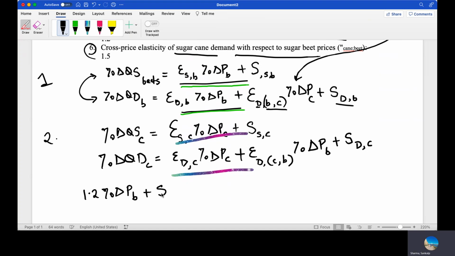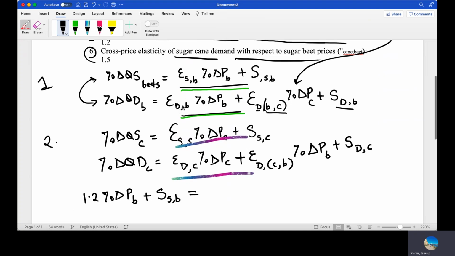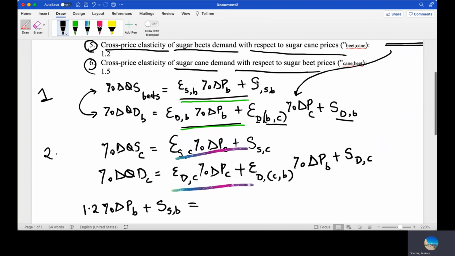Plus the shock in supply for beets. We'll look at the system and determine whether there's a shock or not. Equal, because remember, the green equations are equal. The elasticity of demand for beets, which we know is negative 0.9.